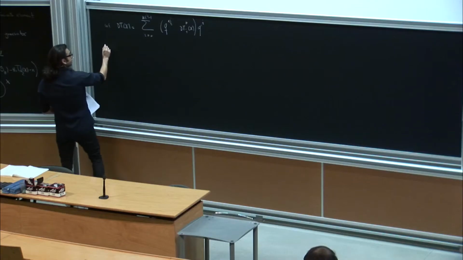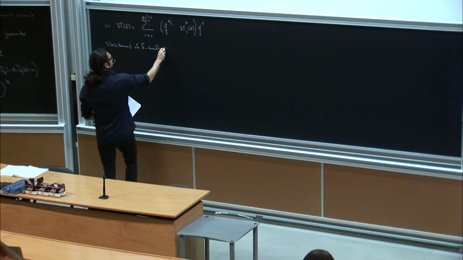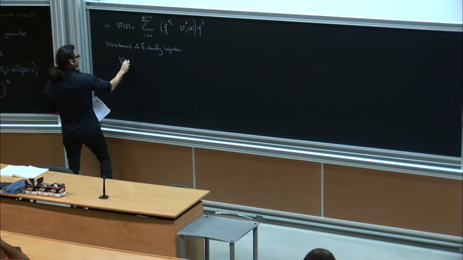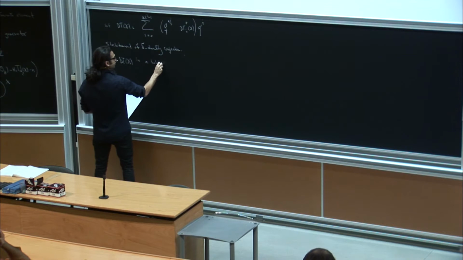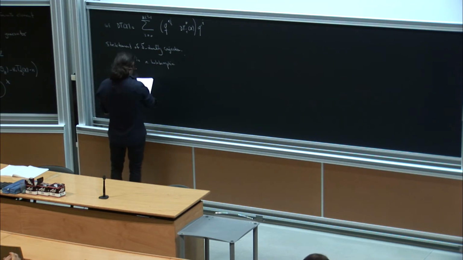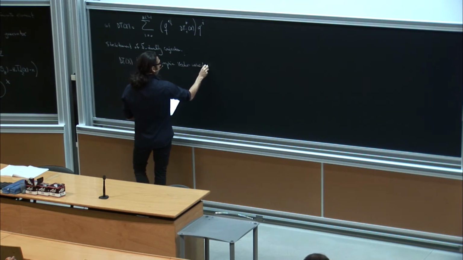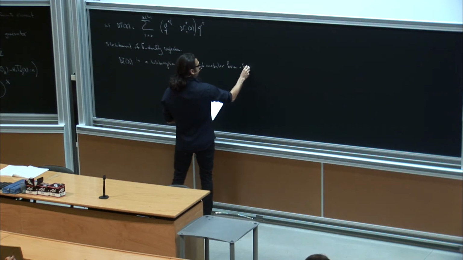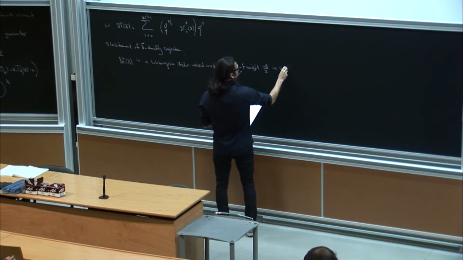Now the statement of S-duality. S-duality conjecture: dt of x is a holomorphic vector valued modular form of weight minus 3/2 in variable q.